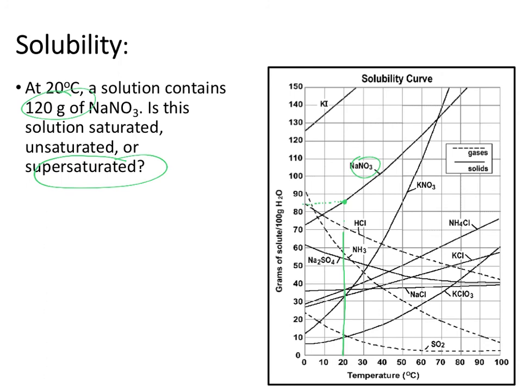Basically, if your quantity is above the point on the line, that is the saturation point, you're going to be supersaturated. If you're below that point on the line, you're going to be unsaturated. So that's how we're going to approach these types of problems. You read what you need from the curves, and you subsequently approach it from there.